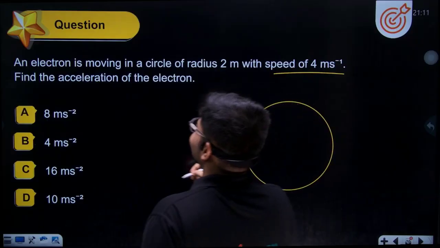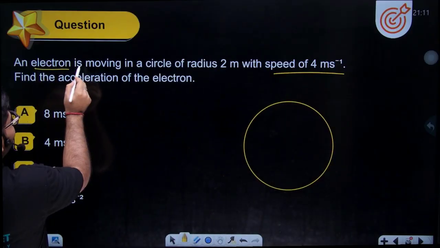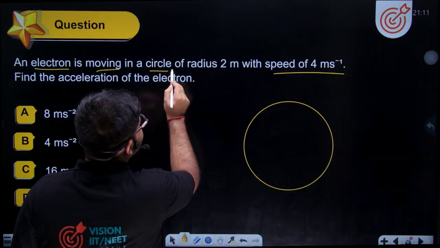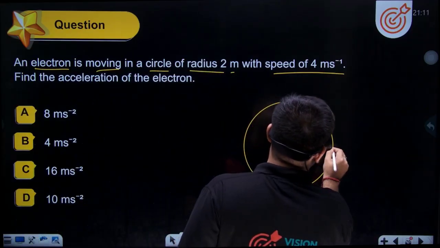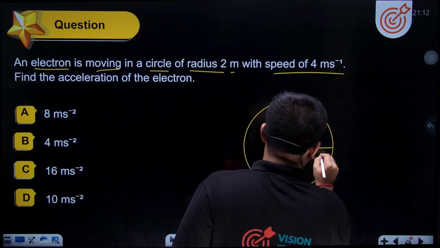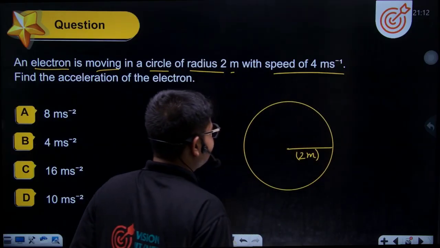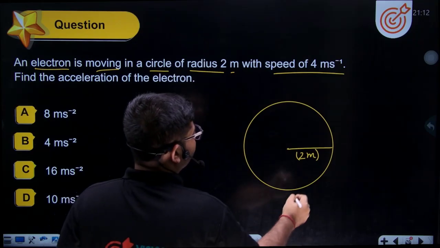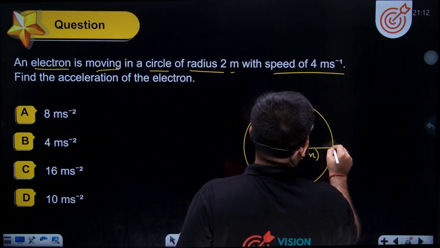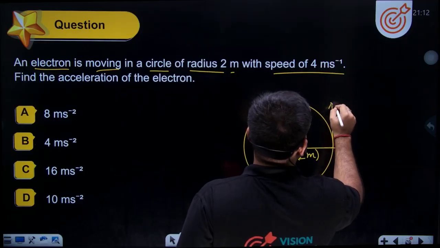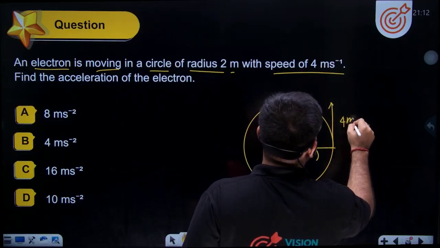So okay, now see, an electron is moving in a circle of radius 2 meter. So this is the radius, 2 meter, with a speed of, now the electron is basically moving with a speed of, what is the speed? The speed is 4 meter per second.